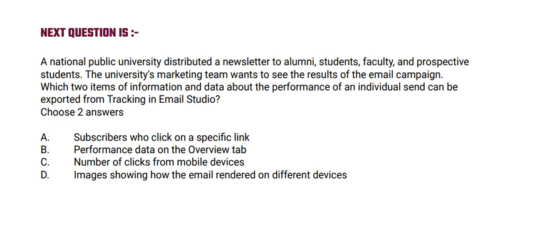Choose two answers. Options are option A, subscribers who click on a specific link, option B, performance data on the overview tab, option C, number of clicks from mobile devices, and option D, images showing how the email rendered on different devices.